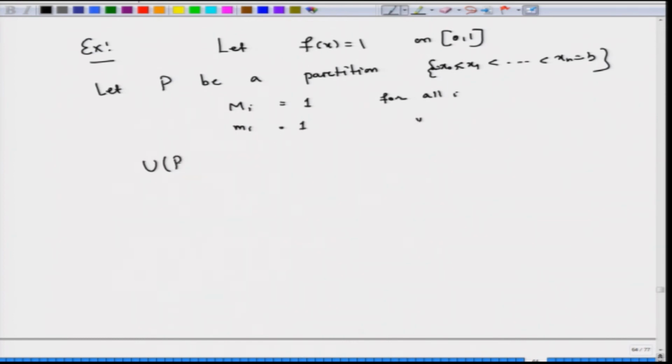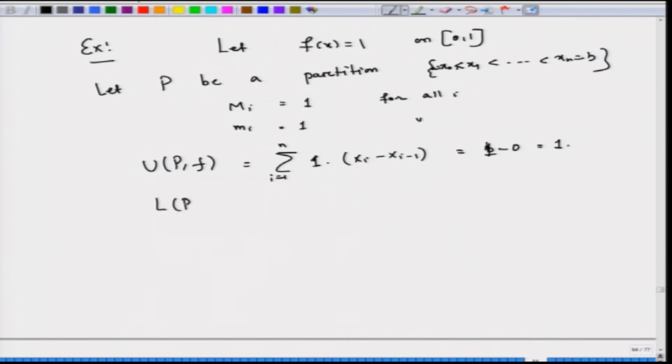Therefore, U(P, f) is equal to the summation over i from 1 to n of 1 times (x_i minus x_{i-1}), which is, as we have seen earlier, b minus a, since the interval is [a, b], which is equal to 1.